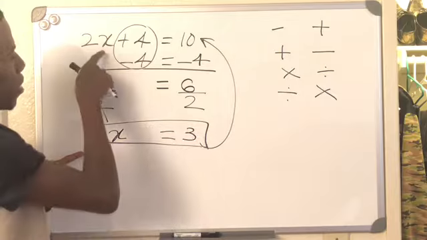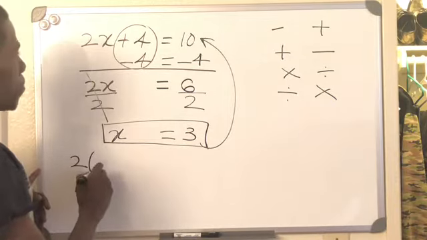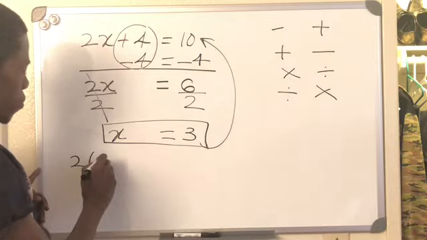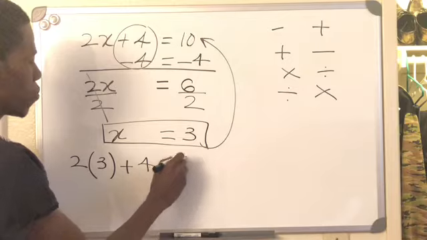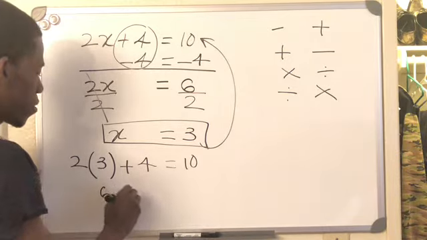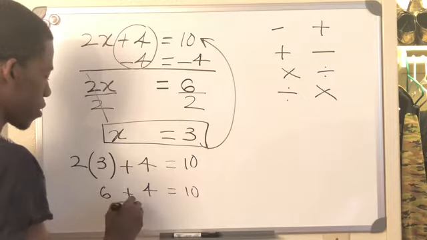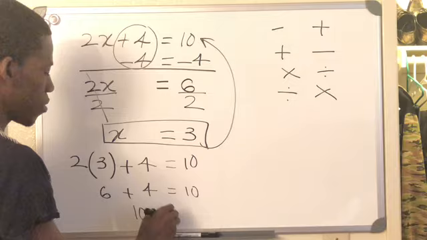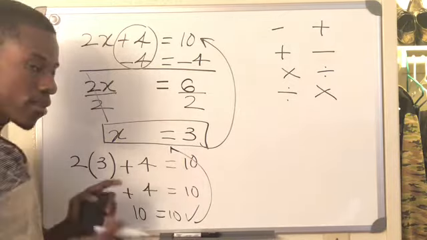So if I plug my x value right here, 2 times x, which was 3, plus 4 equal to 10. So 2 times 3 is 6, plus 4 equal to 10. 6 plus 4 is 10, equal to 10. So this means that our x value was right.